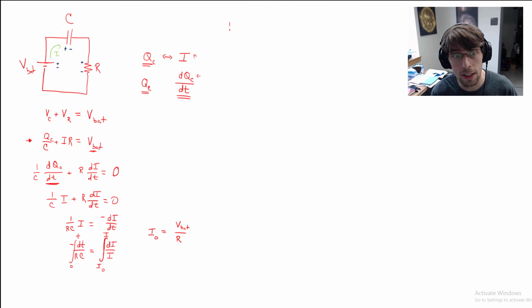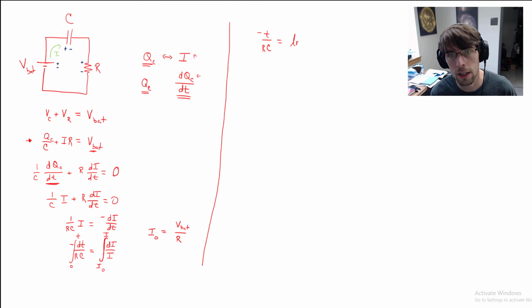Well, let's do our song and dance. We'll come up here to the next side. And what we have is something that says t over RC equals the ln of I divided by I naught. And we work our magic, right? Raise everything, take the natural number and raise everything to the natural number to that power.